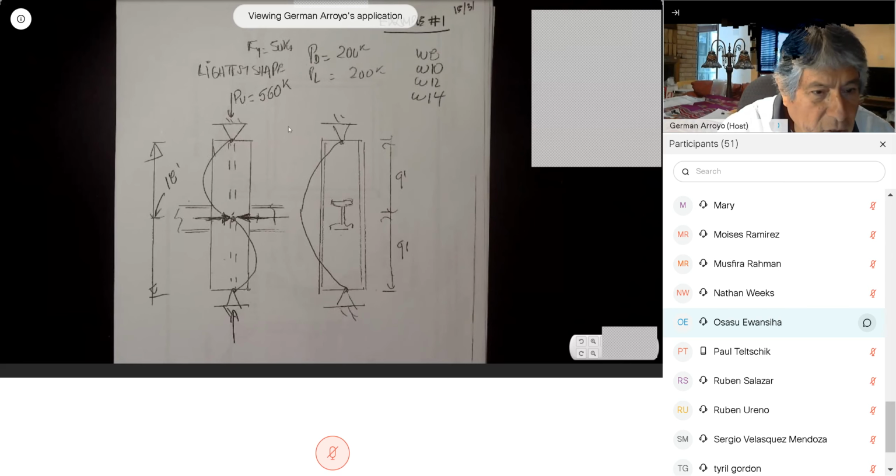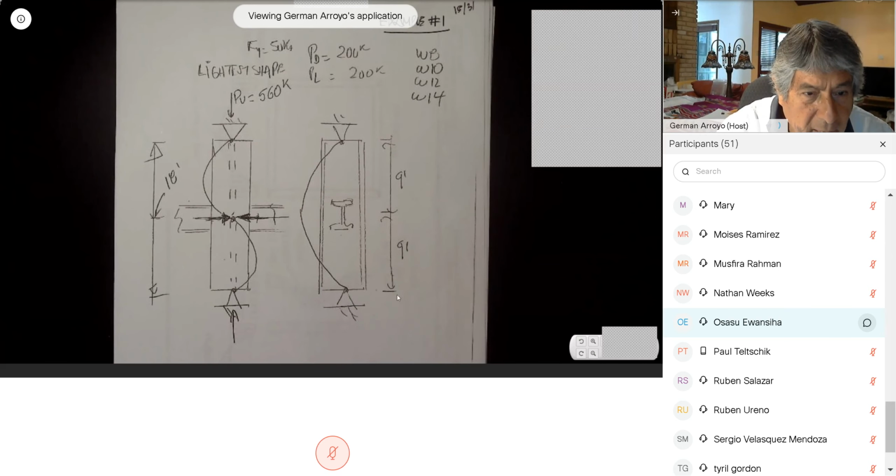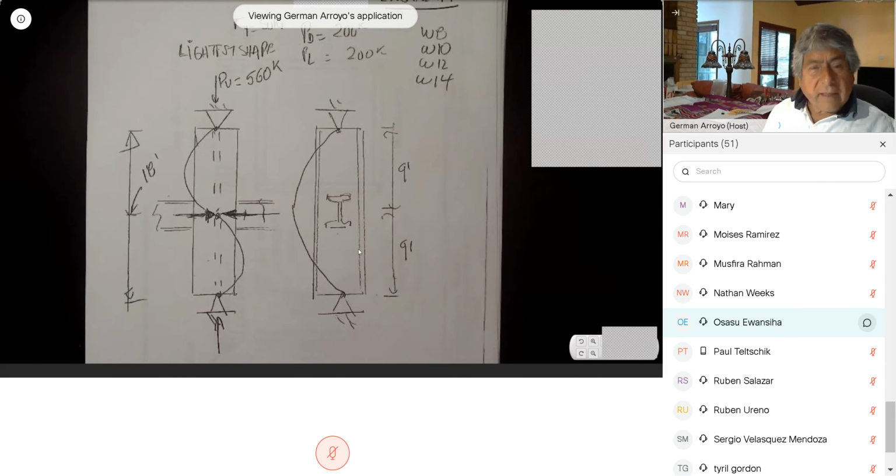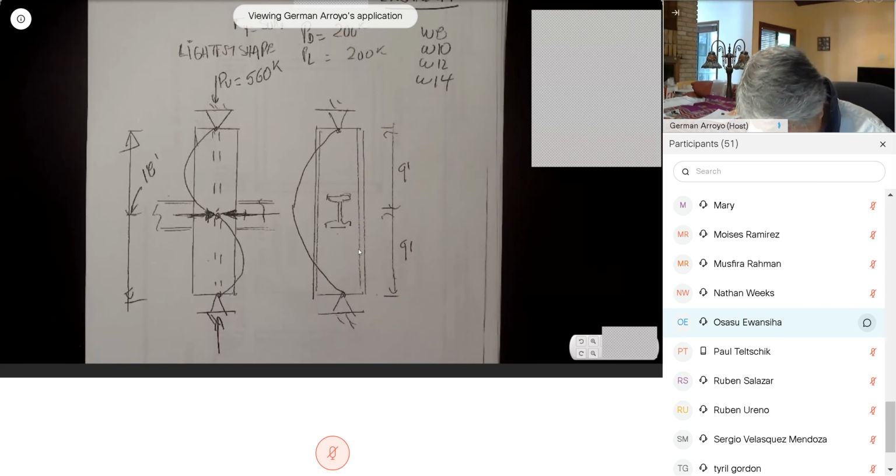And the same as I showed you before, there is a brace, the weak axis is braced. So instead of 18, we had 9 and 9. Here, 9 and 9. And for the strong axis, we had the total, the 18. And we need to find the lightest section. So to find the lightest section, we're going to go to the code.